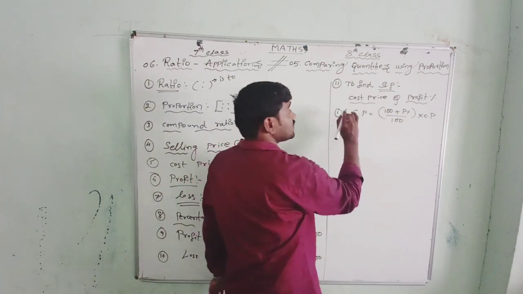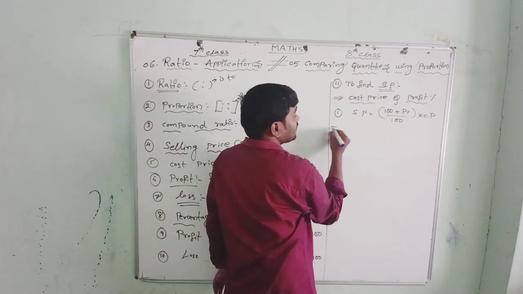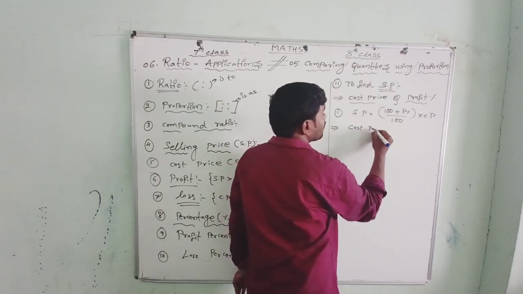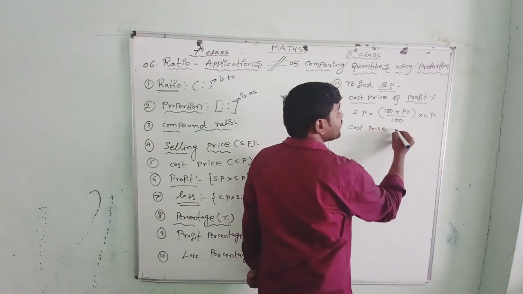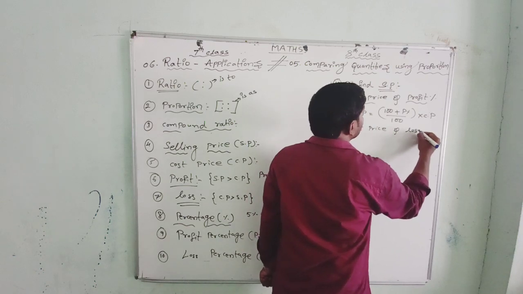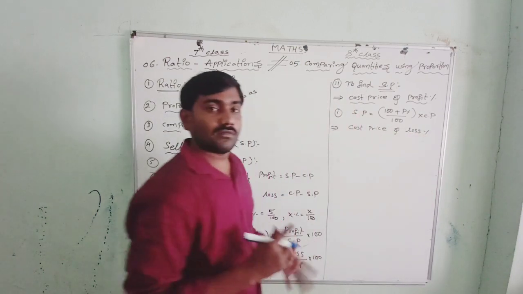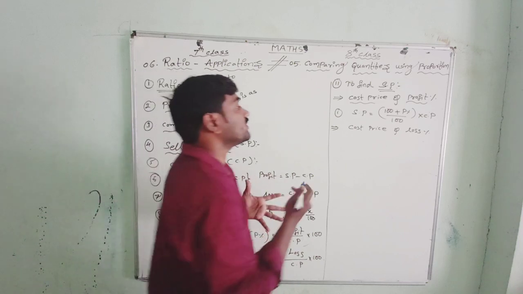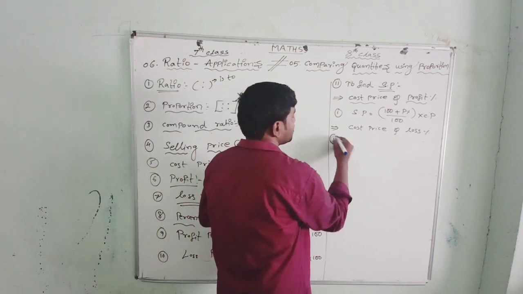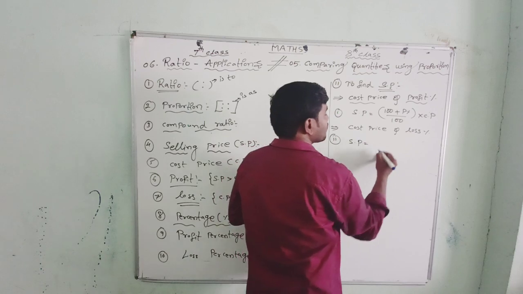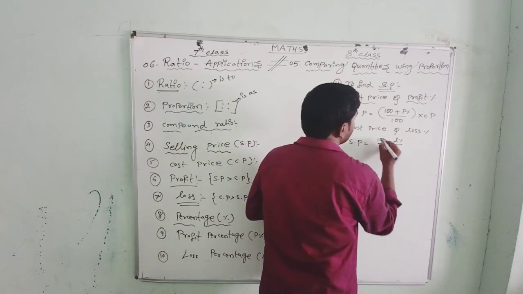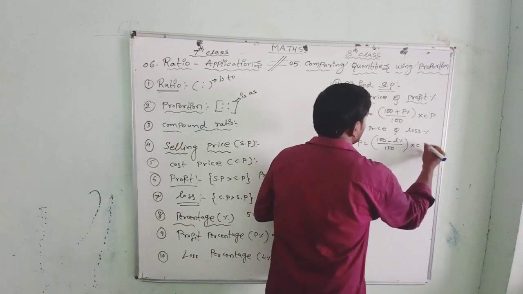Then there is a second formula here where the cost price is given. The cost price of the article is given, and this time they have given the loss percentage. This time the seller got a loss. Then what should be the selling price? The selling price formula is 100 minus loss percentage by 100 into cost price.